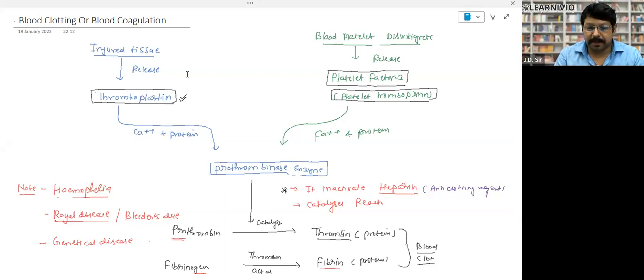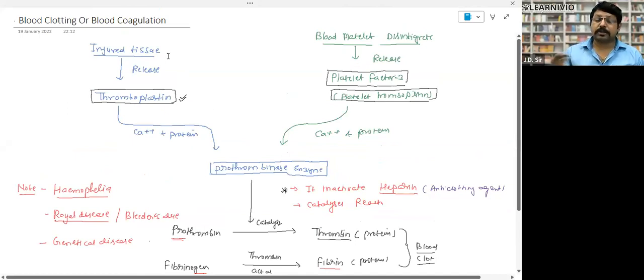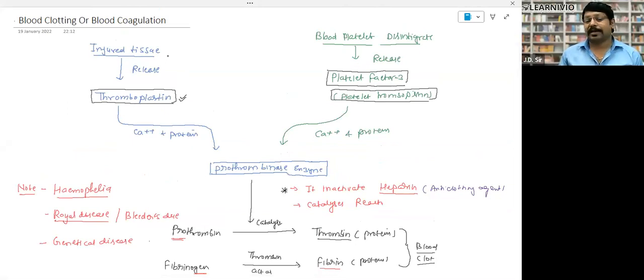How does this clotting take place? That is the question, so let me explain and try to understand. Clotting is good when it is outside of the body, at the time of injury. When we fall down, tissue gets injured and blood platelets start dying or disintegrating. The injured tissue releases an enzyme called thromboplastin.